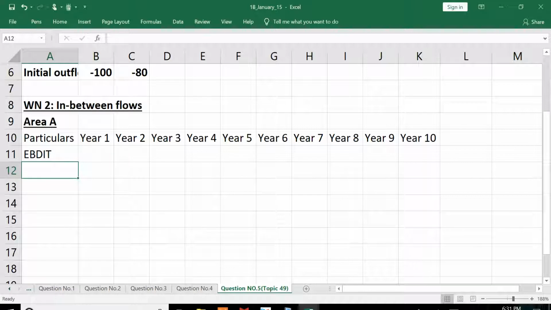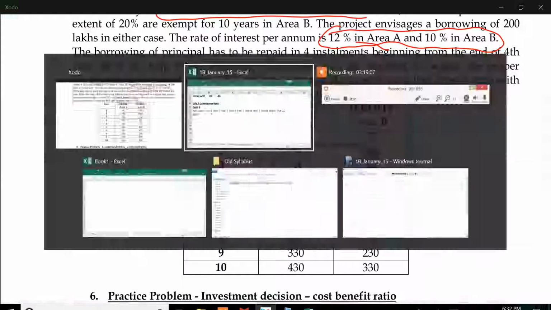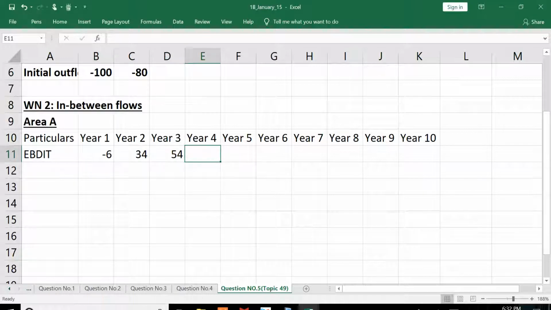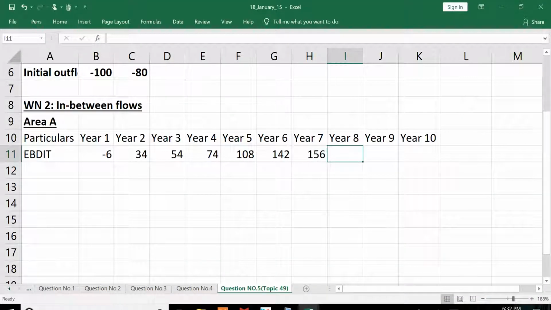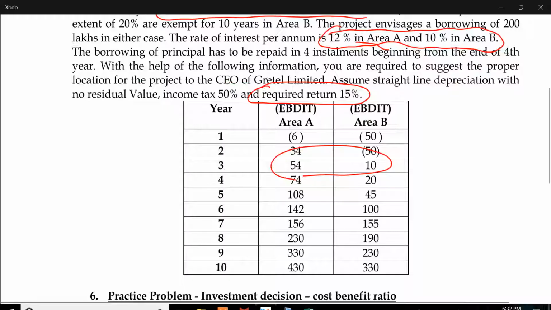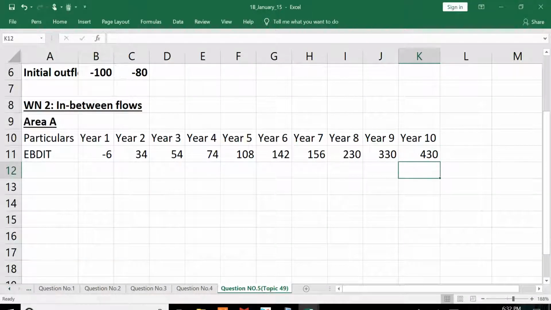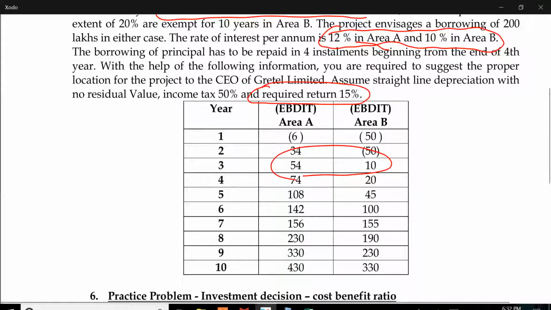Let's copy the numbers: minus 6, 34, 54. This is the EBDIT number, earnings before depreciation, interest and taxes.